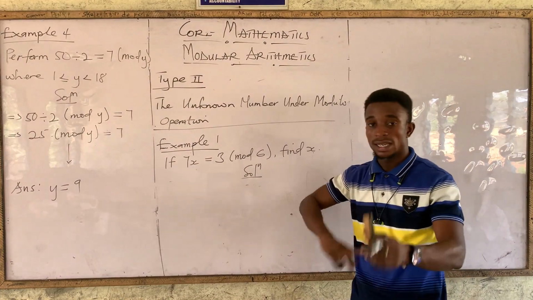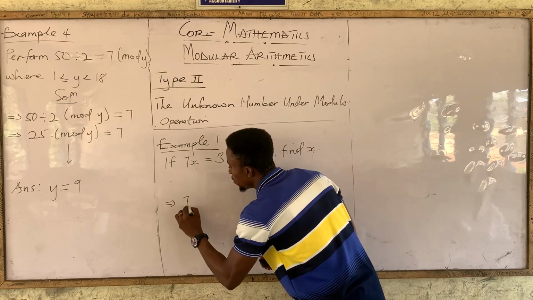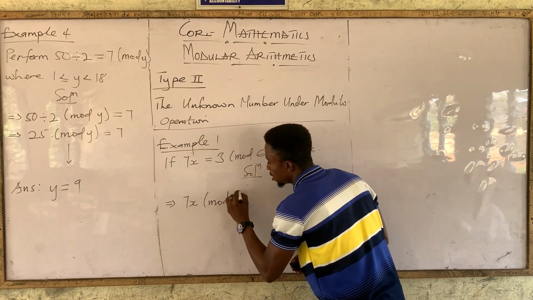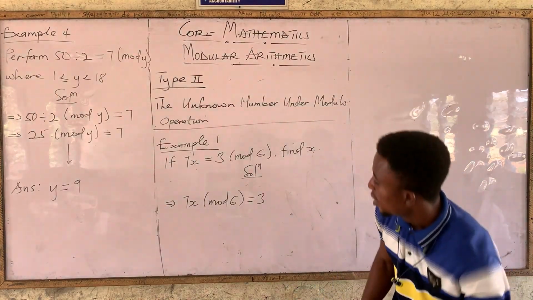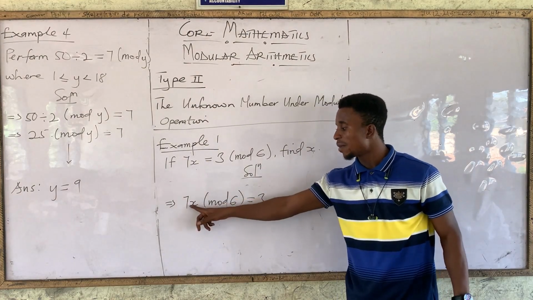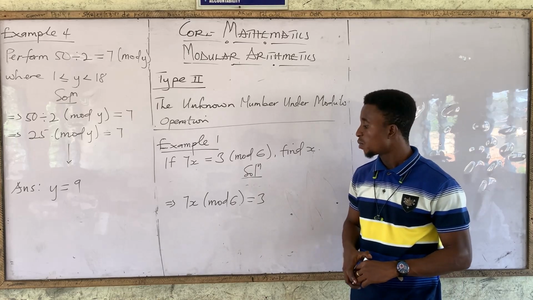So we can write this one in the other way. This implies that we have 7x in mod 6, which is equal to 3. Are we getting that? So 7x mod 6 is equal to 3. So 7 times what number, mod 6, will get you 3? And this is what we do.